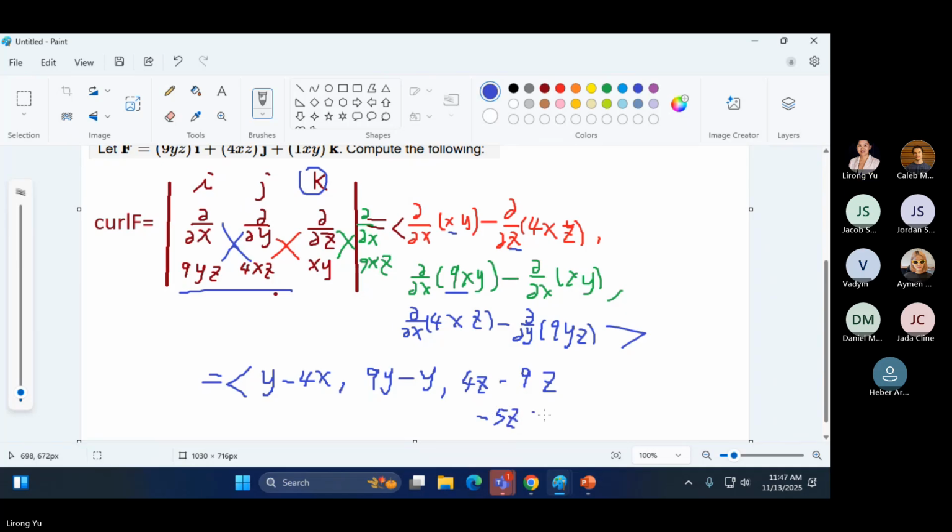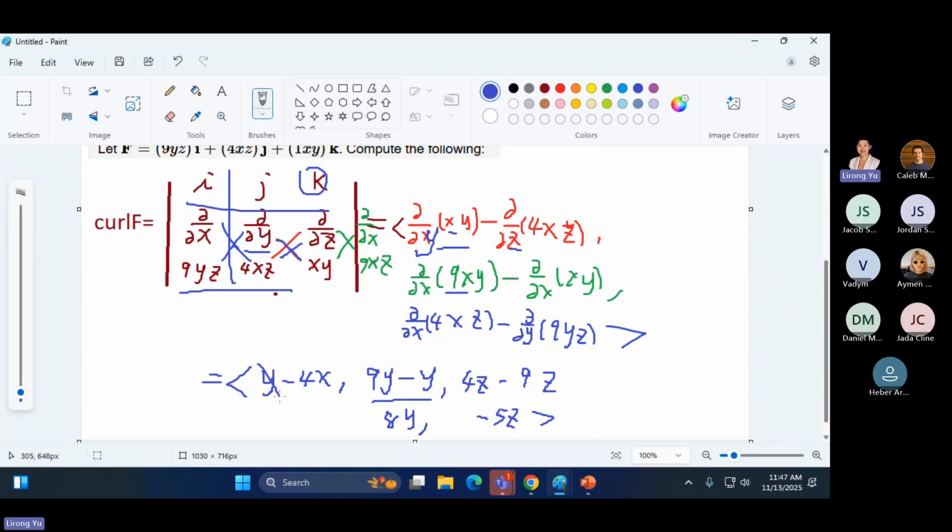Then this will be 8y. For the first one, I don't see any way to simplify it. The first component, it was d/dy, right? It's d/dy.